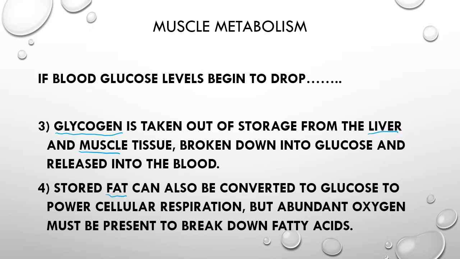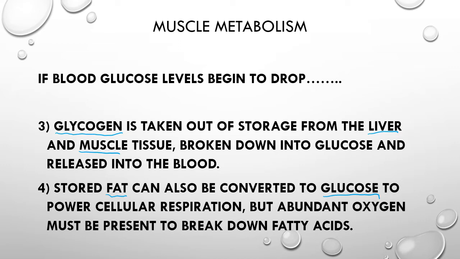And so fats themselves that are stored away can be converted back to glucose. They may have started as glucose in the first place, or maybe they were just lipids in the first place. But we can take that glucose, or the lipids, and start to convert it back over into glucose.